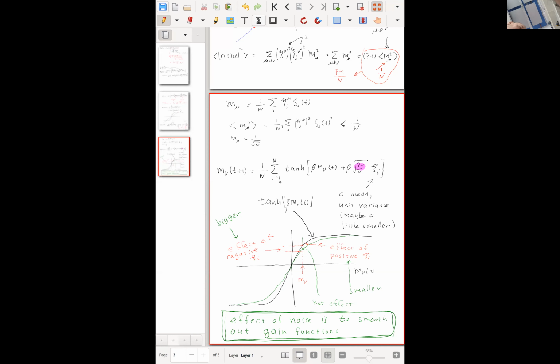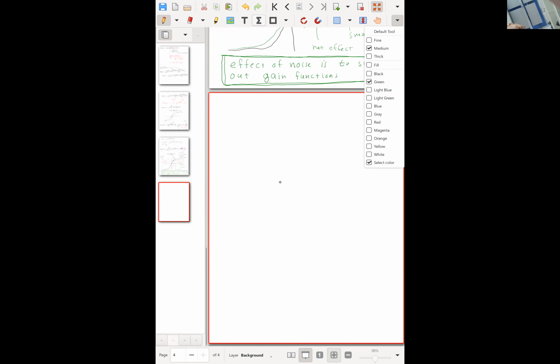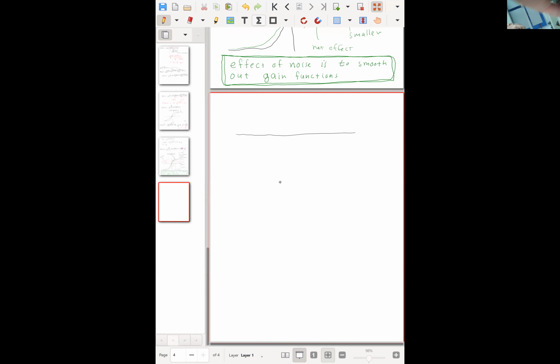And we can even take an extreme case. Let's take the case of beta equals infinity, pretty large, in which case our curve goes like this, right?